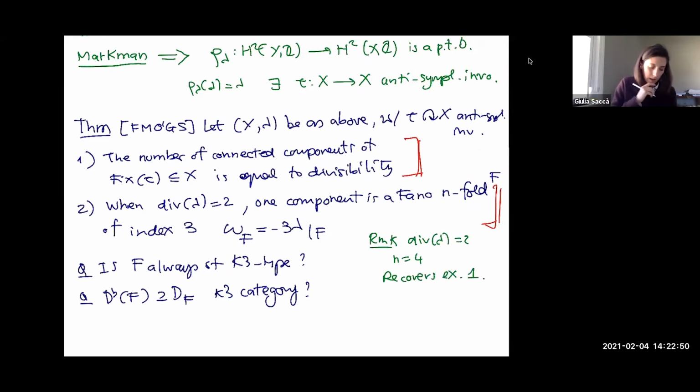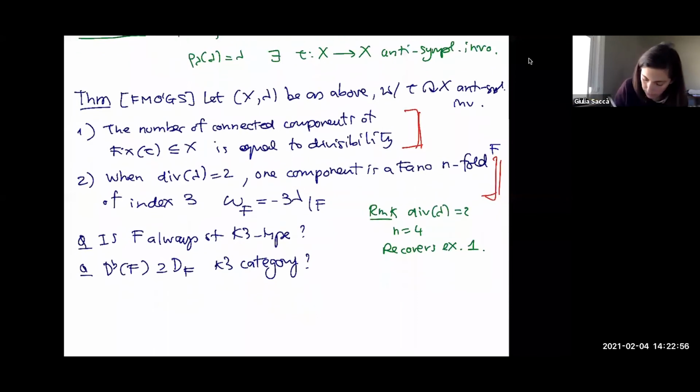These questions are relevant when the divisibility is 2, because that's when you have the Fano component. In divisibility 2, n has to be divisible by 4. So 4 is the first, and then we go to 8.